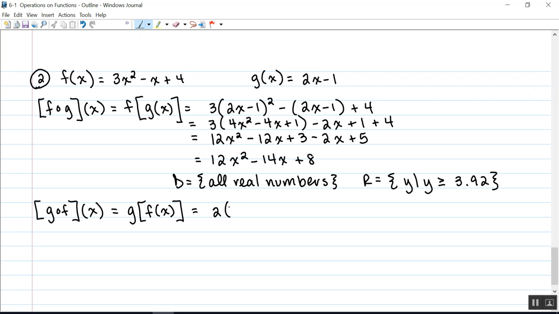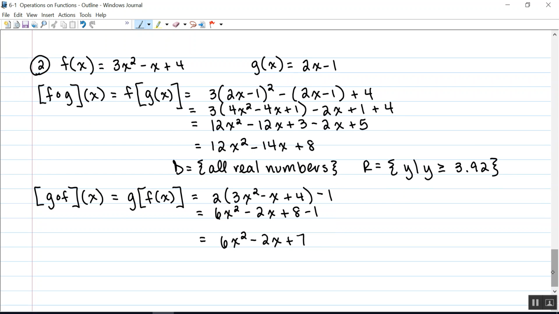So I'll have 2 times f of x, which is 3x squared minus x plus 4, minus 1. So that's 2 times f of x minus 1, or 6x squared minus 2x plus 8 minus 1, or 6x squared minus 2x plus 7.